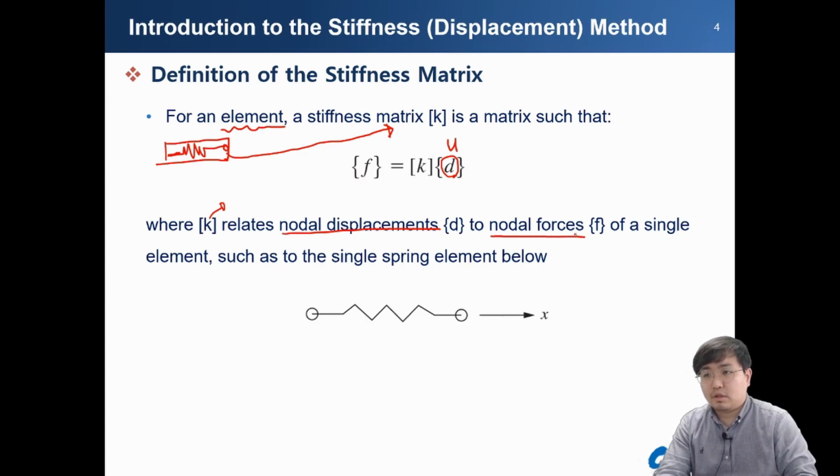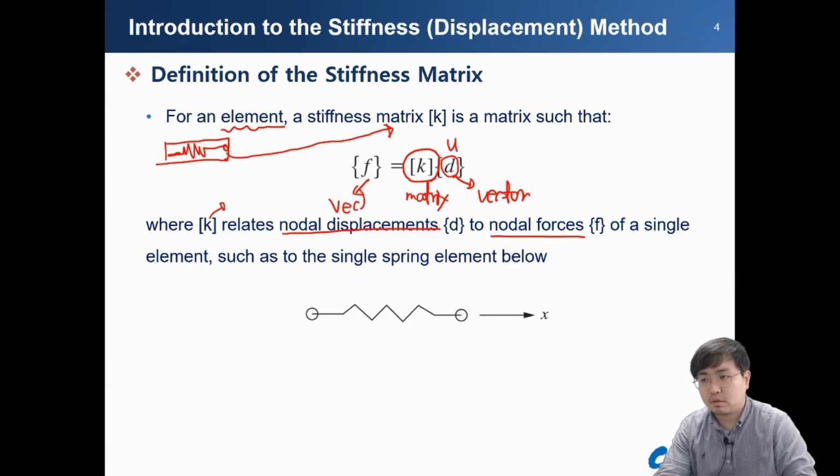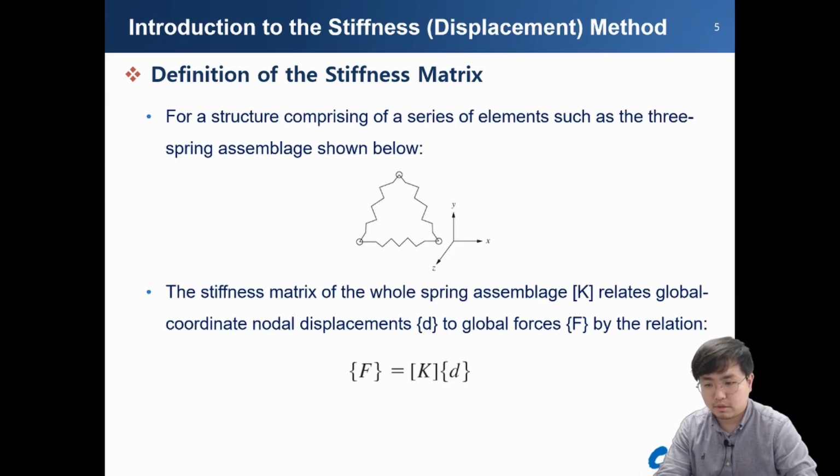Since K is a matrix, the displacement is used in vector form, and due to the resultant, the force is also in vector form. So the element looks like this if it is a single spring element. In the next slide, we can assemble those single elements.